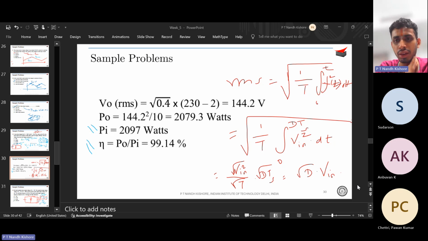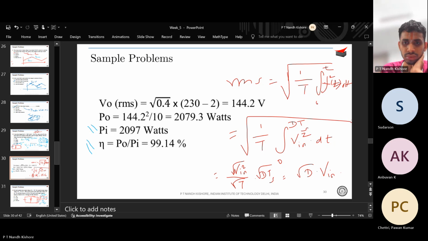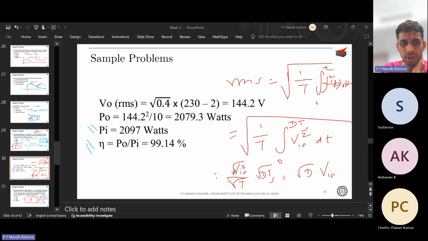RMS value of LC. Where is LC here? You are talking about this problem only, right, Anbhuvan?